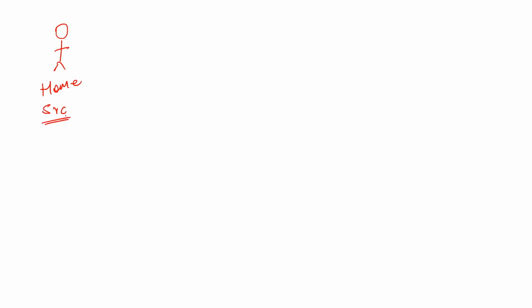I am writing src for source destination, and from this source destination you want to travel to your college. My drawing is not that good, but this is your source, and from here you want to travel to your college.